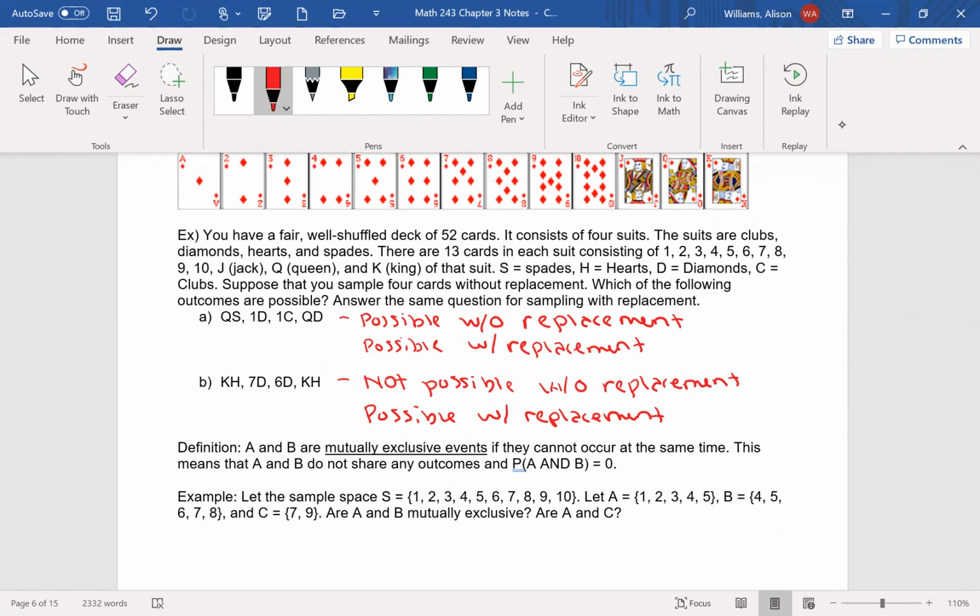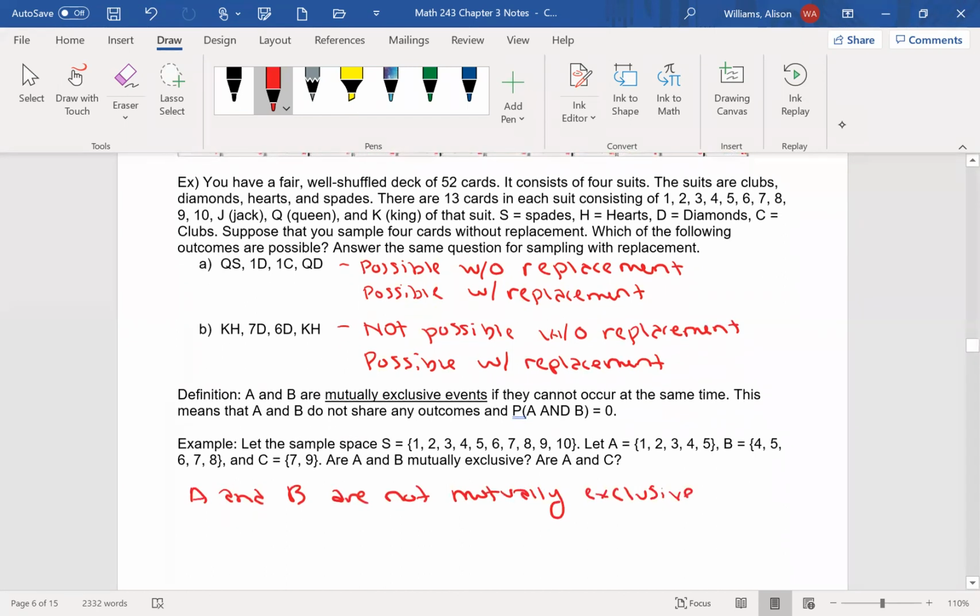So they ask, are A and B mutually exclusive? And the answer is no. A and B are not mutually exclusive because they have something in common. What they have in common is 4 and 5, since they share the outcomes 4 and 5.